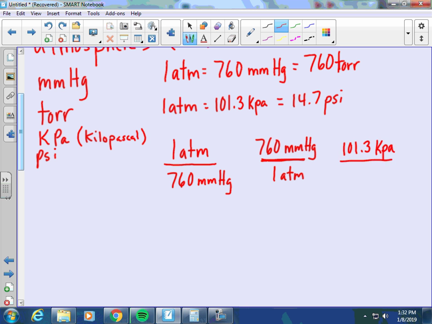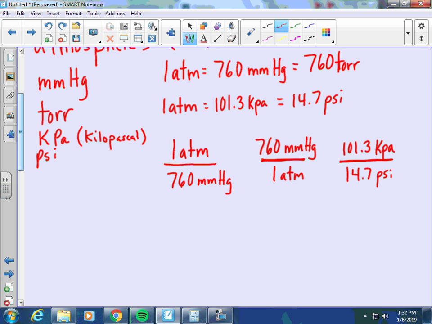per, pick another one of those units besides kPa. Which one do you like? PSI. There are 101.3 kPa per 14.7 psi. Pick a unit out of those pressure units.